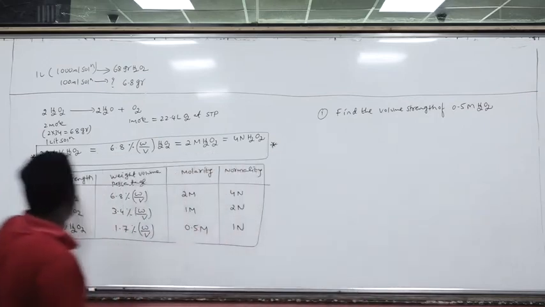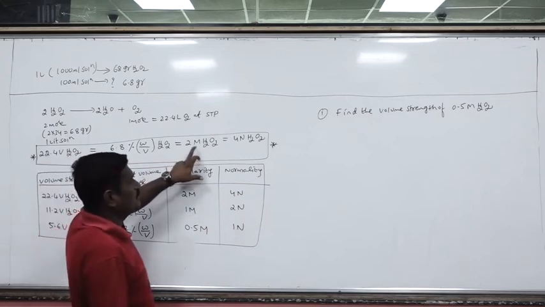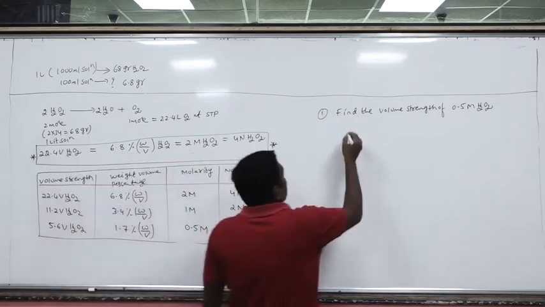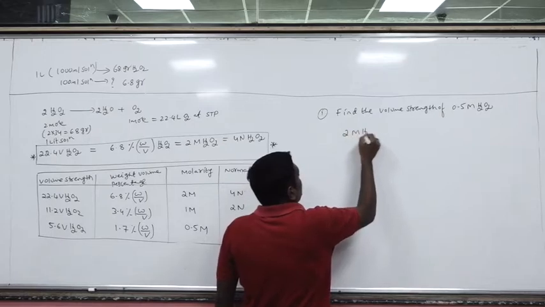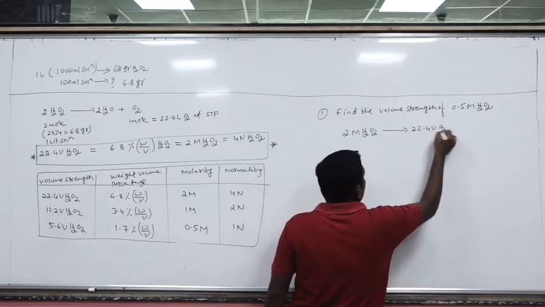I know 22.4 volume strength of H2O2 corresponds to 2 molar H2O2. Yes or no? That means 2 molar H2O2 corresponds to 22.4 volume of H2O2.